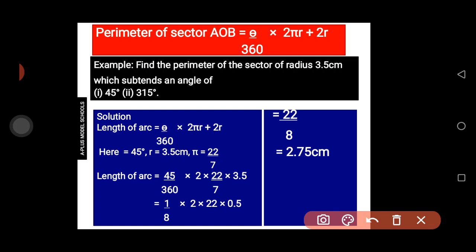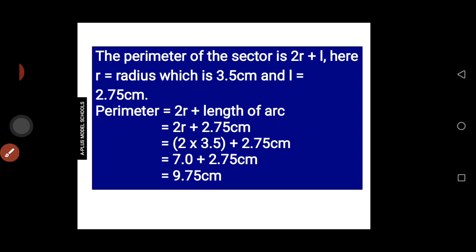I did not add 2r when you look at the workings I've done here. So that is 2 times the radius, which is 3.5, which is 7. So add 7 to this, that will give you 9.75. So the perimeter will be 9.75.